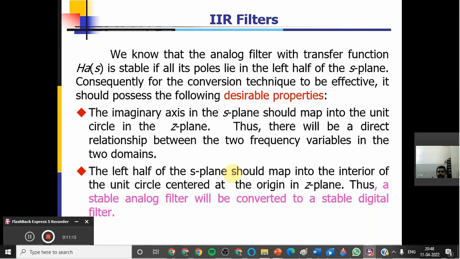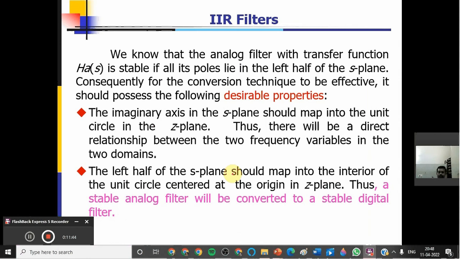We know that an analog filter with the transfer function Ha of S is stable if all its poles lie in the left half of the S-plane. Consequently, for the conversion technique to be effective, it should possess the following desirable properties. The first property is that the imaginary axis in the S-plane should map into the unit circle in the Z-plane.